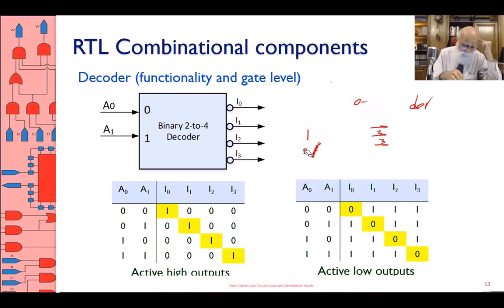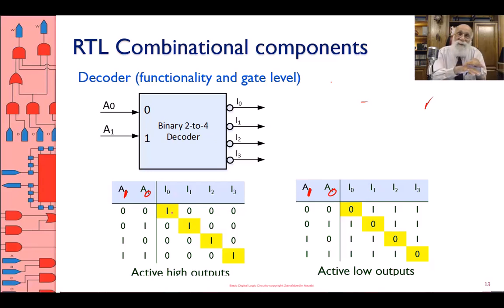So I'm going to build this. The first thing I think is, okay, I have A1, A0, and A1 is my most significant bit, A0 is my least significant bit, and 0, 0, output 0 becomes 1.